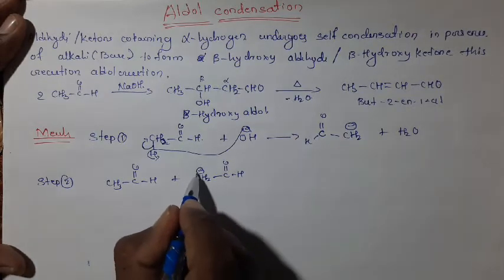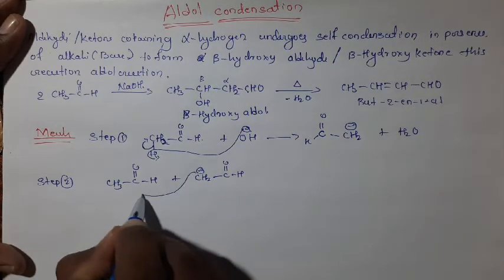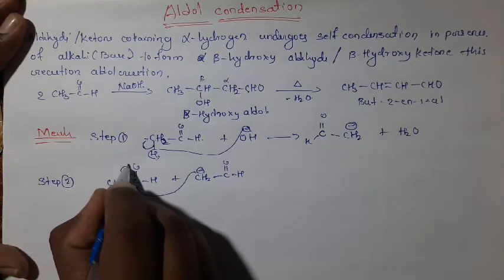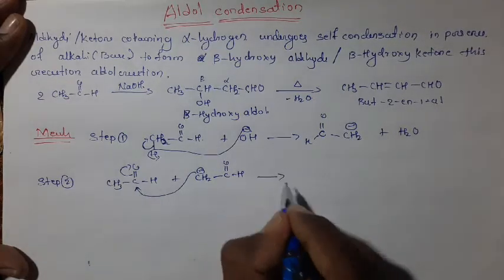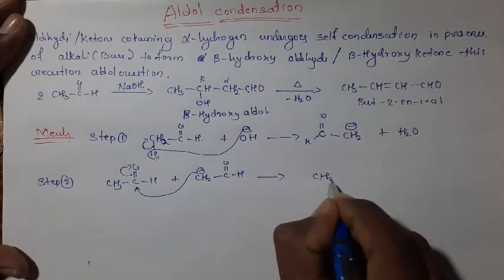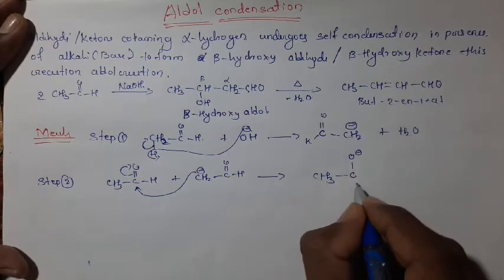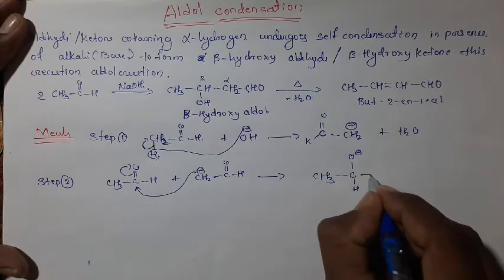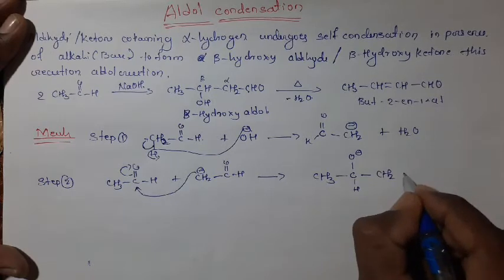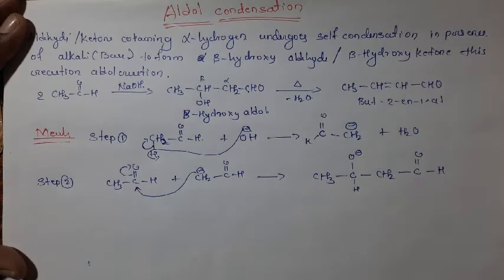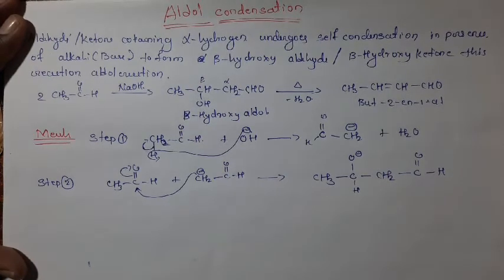This negatively charged carbanion attacks the carbonyl carbon of the other molecule of aldehyde. At that time, this pi bond is shifted to the oxygen, which gives CH3 C O minus H, CH2 C double bond O H. This is the second step.